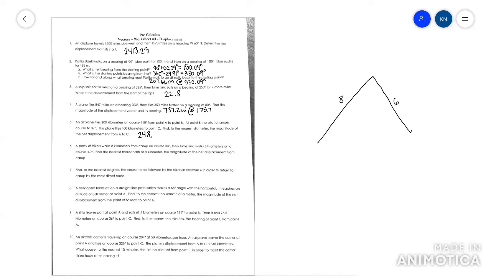And they want to know the net displacement from camp. So here's camp. Here's finish. And they want to know this blue line. So that means I'm going to need this blue angle. And in order to get that blue angle, I have to realize that right from the start, my first course was 30 degrees.